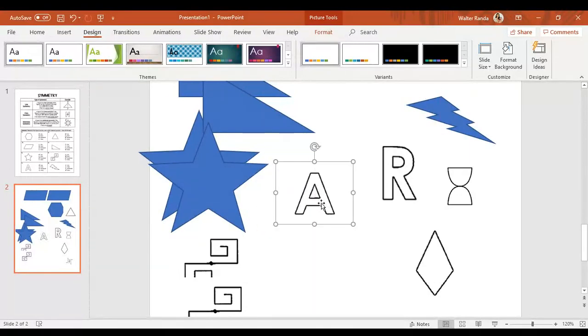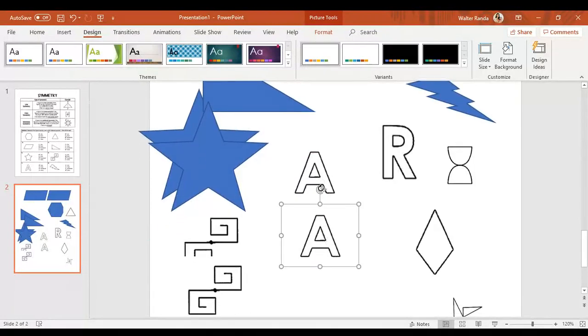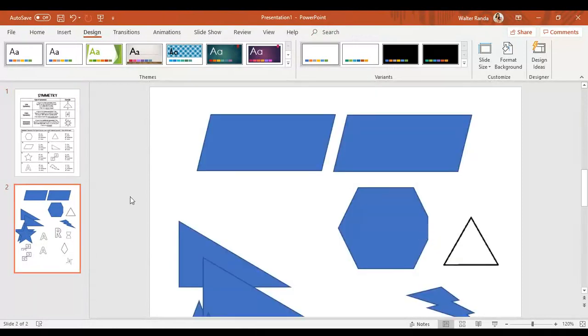So let's try to rotate this and see what happens. So I'm going to rotate it 180 degrees. Is it a perfect match? No, it's not. If I keep going, is it ever going to be a perfect match? No, not until I get back to 360. So that does not have point symmetry and it does not have rotational symmetry.